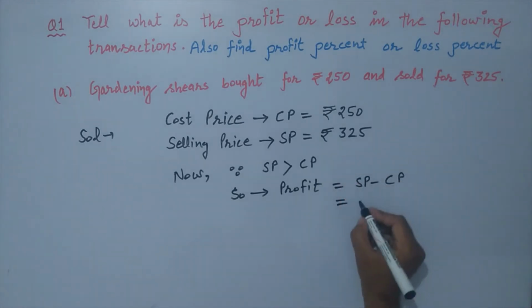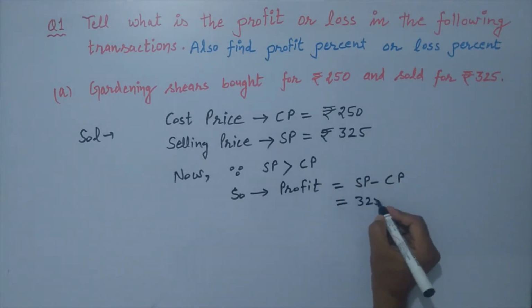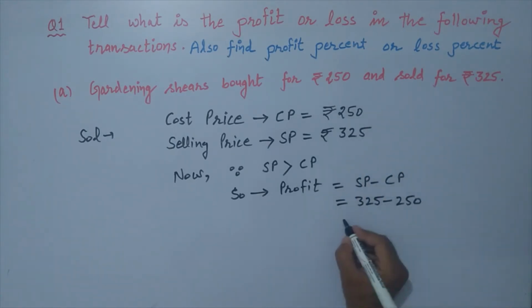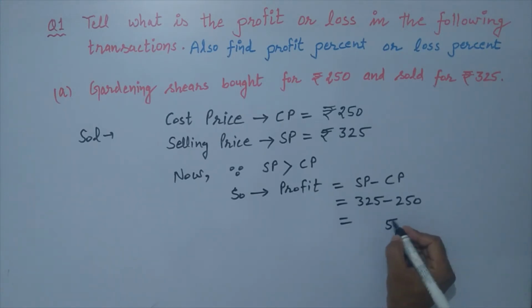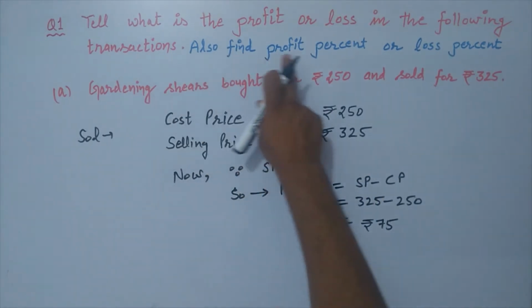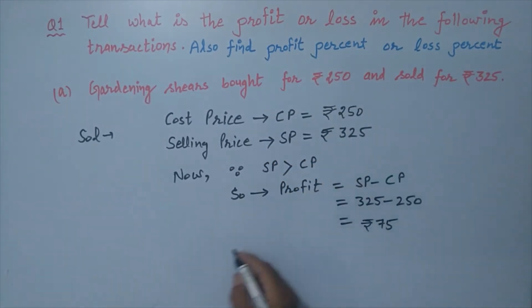What is selling price? This is 325, cost price is 250, and our answer is 75 rupees.